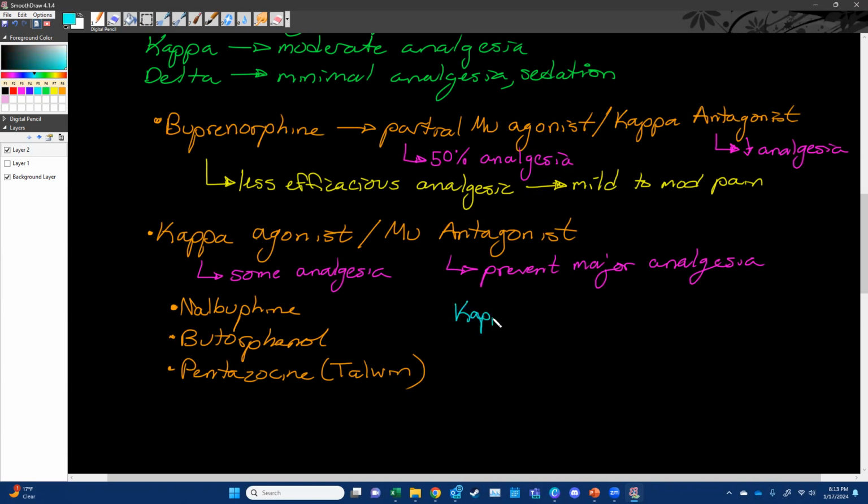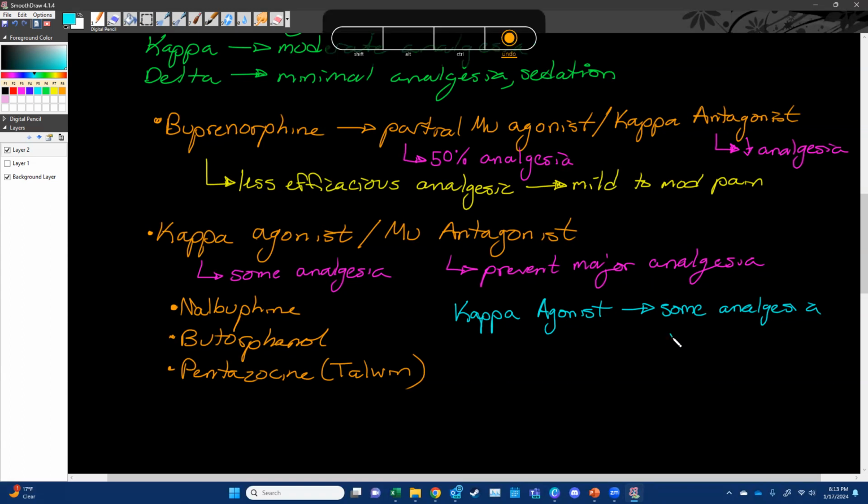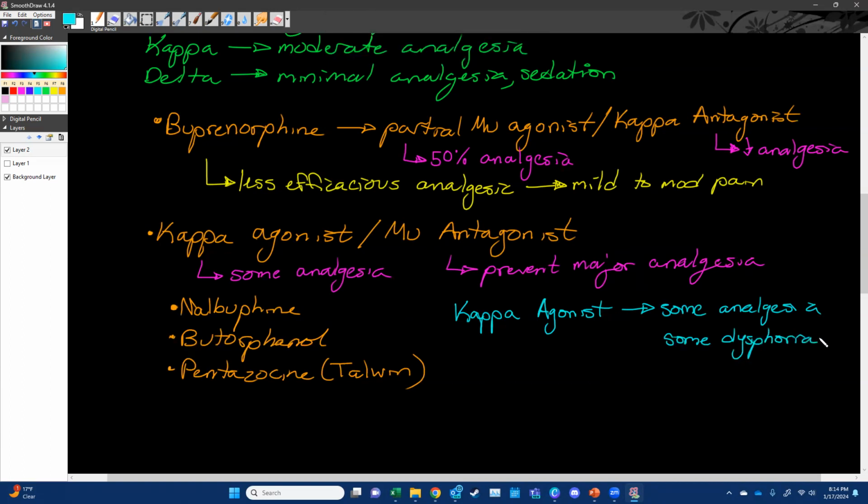Why are these drugs used then if we block the mu receptor? The reason is because by using it as a kappa agonist, we get some analgesia, but we also get some dysphoria. And in class, he talked about how activating the kappa receptor causes this dysphoria, whereas activating the mu receptor causes euphoria.